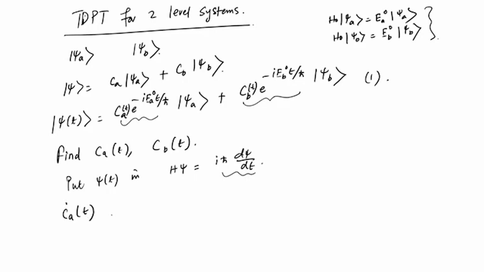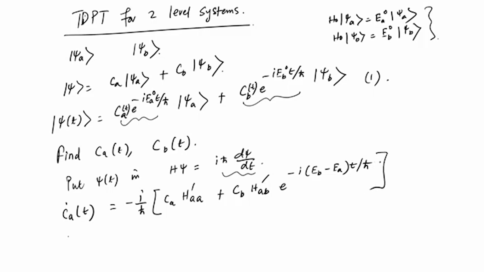And you will have C A dot of t, that is the equation of motion for C A, which is nothing but the Schrodinger equation, equal to minus i by h cross, C A H prime A A, where C A really means you have C A at 0, plus C B H prime A B exponential minus i, E B minus E A, t by h cross.